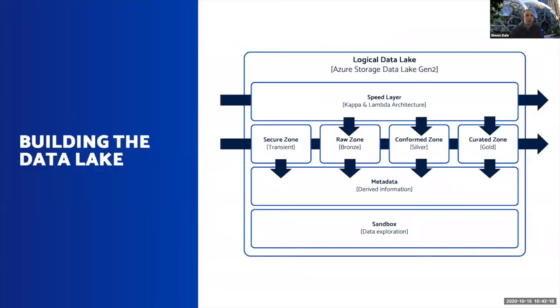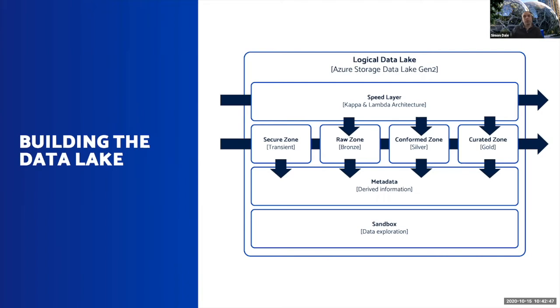So I spoke about the data lake design, and this is a little more general, but the approach that we were taking for Highways England is to build out a number of different zones. The key thing in this design is that you have higher data fidelity on the left, so the data's in its rawest form, and as you move towards the right, you're increasing the business value and its usability.